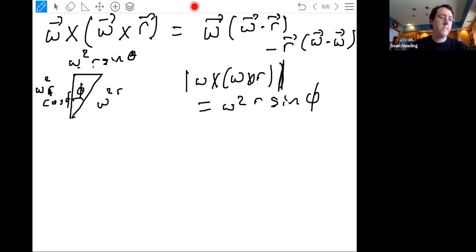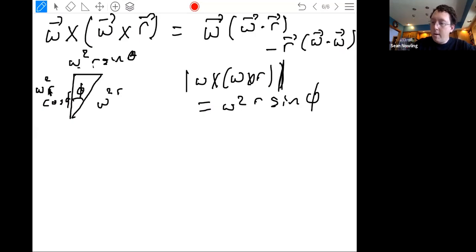Now, what I'm basically going to do, we've already argued that this triple product points in the radial direction. And what we're going to do is write the radial direction as a piece which is parallel to r, and then another piece which is parallel to omega, which would be along the axis of rotation.